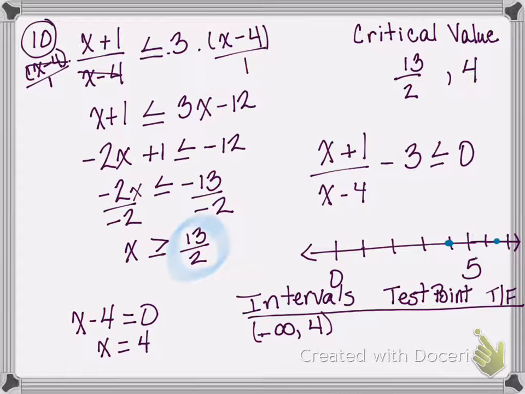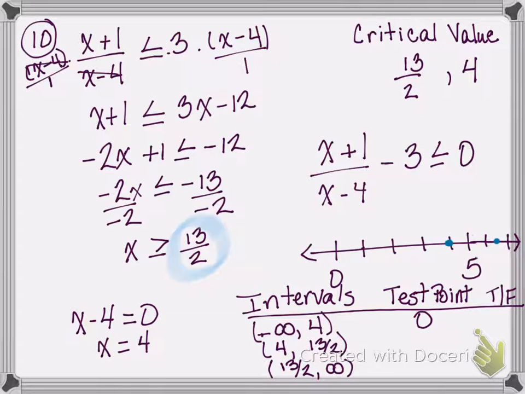Then our next interval is going to be in between positive 4 and 13 over 2. And then our last interval is going to be 13 over 2 to infinity. And we are going to create test points in each one of those. Now our first interval is negative infinity to 4. So we can use my very favorite number, 0, for that first test point.